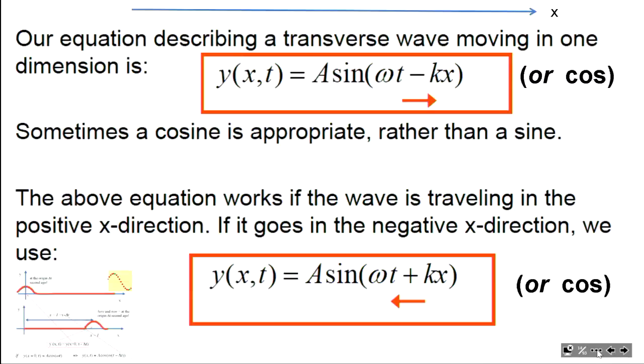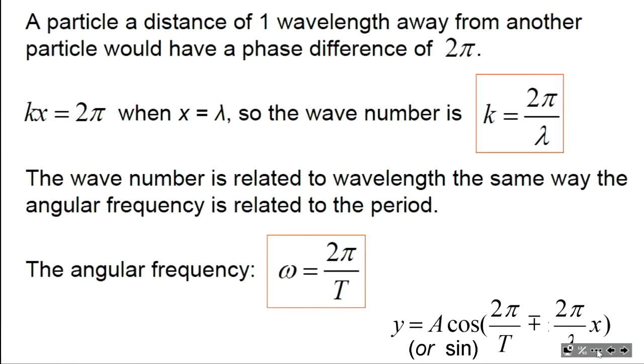We would have to change a minus to a plus. That's it. So the same equations can describe two different waves. One travels in the positive x direction, another travels in the negative x direction.